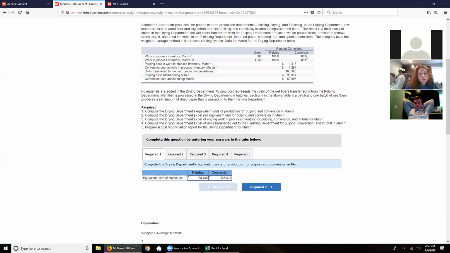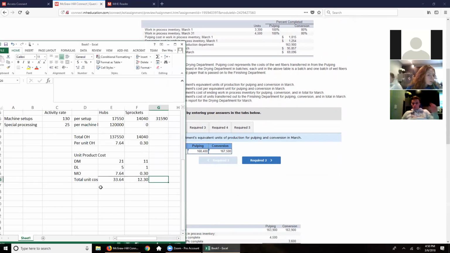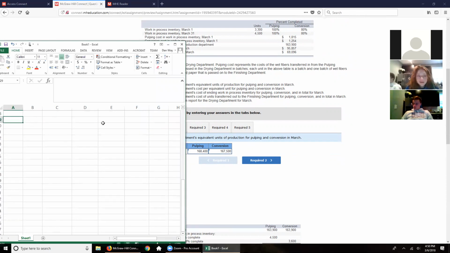It's 80% done, it's 100% done, and so on. Here, since we're staring at the first part of the problem, we're trying to determine the equivalent units of production for both pulping and conversion for this particular period.